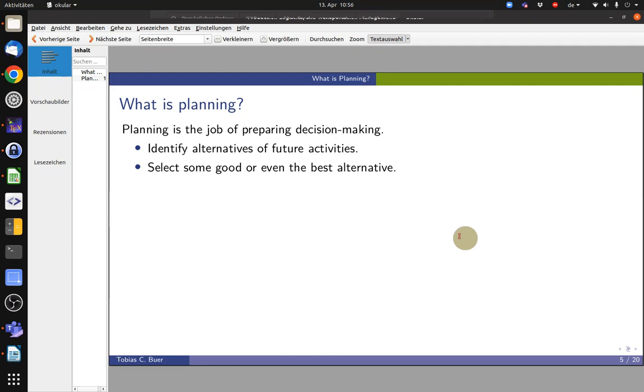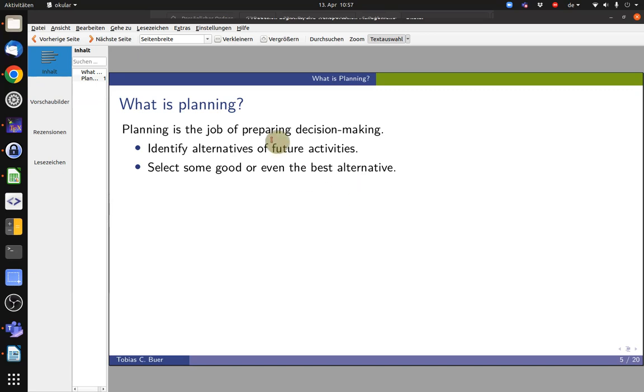You can spend the time on the courses where you have the most challenges, or you can spend your time on the courses that are the easiest for you, where you already have good results, to improve yourself even more. So these are different alternatives for what we want to do in the future.